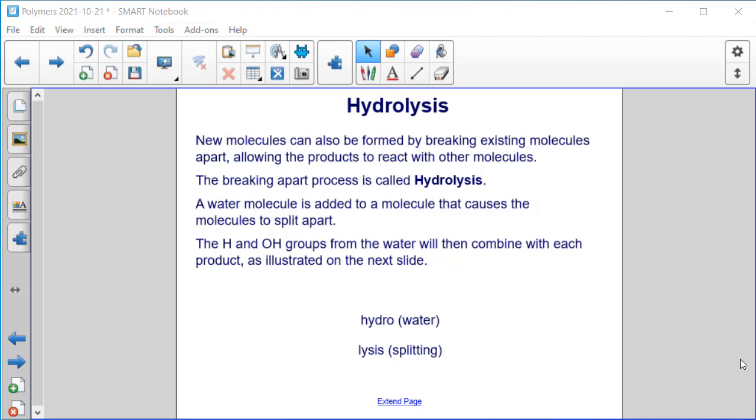The H and OH groups from the water will then combine with each product, as illustrated on the next slide. If we break the word up, hydro means water and lysis means splitting. So we're splitting a molecule with water by adding water.